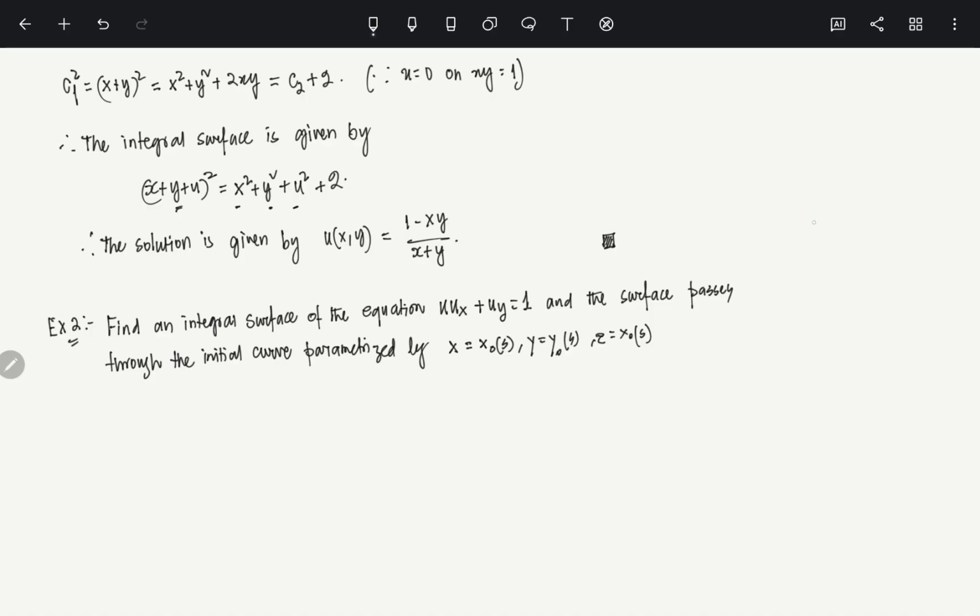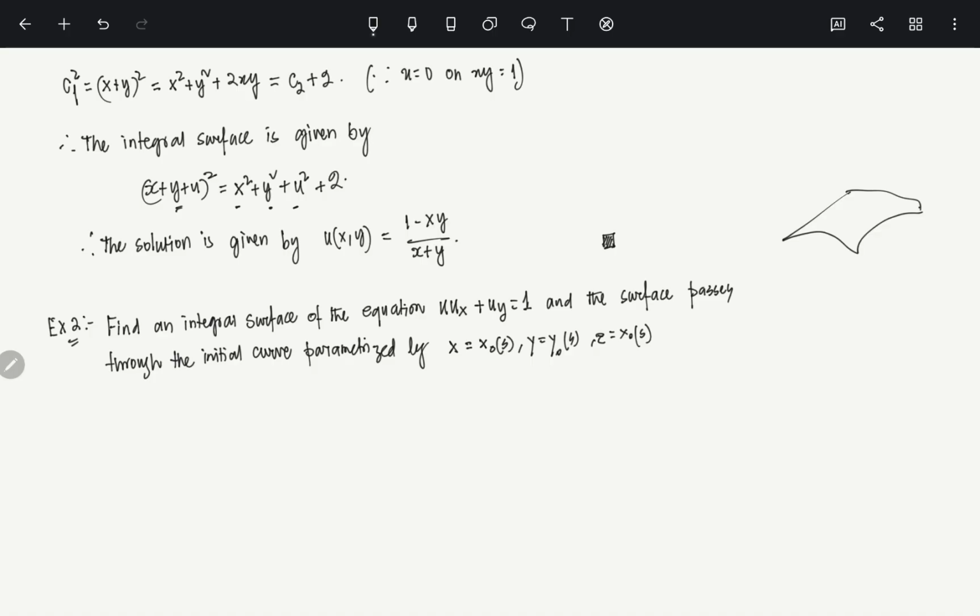Clear? So basically what we are trying to do is think of it like this. We are trying to find an integral surface. What is the speciality of it? If you solve the equation, you will get some u, and that u is from xy, a subset of R2 to R. The graph of that function is going to be in R3, which is actually a surface.